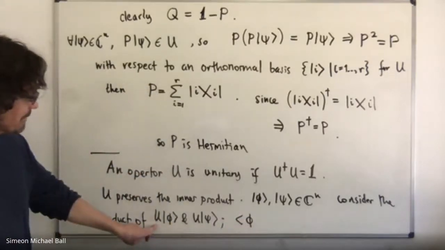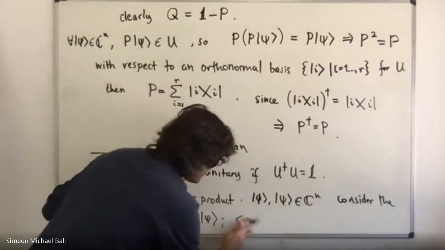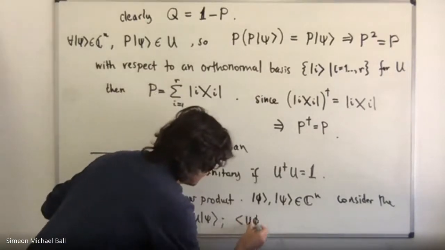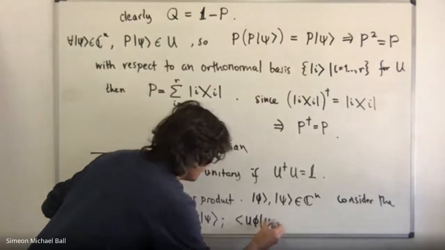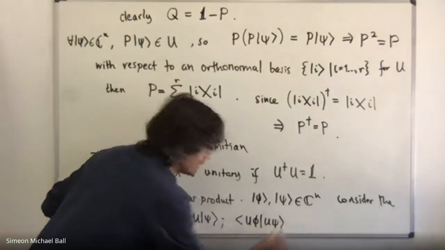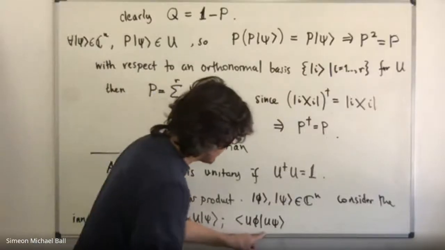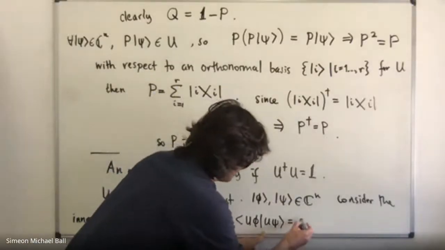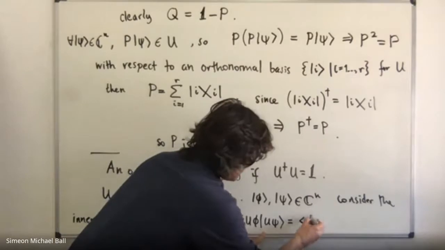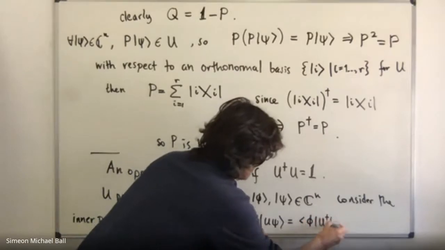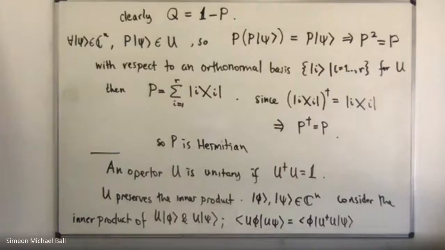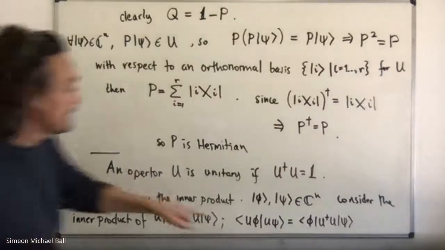You want me to write this? Right? And now if I want to move it the other way, then I have to conjugate it, right? Yeah, exactly. Now you get this. Okay. And since this is the identity, this is then.